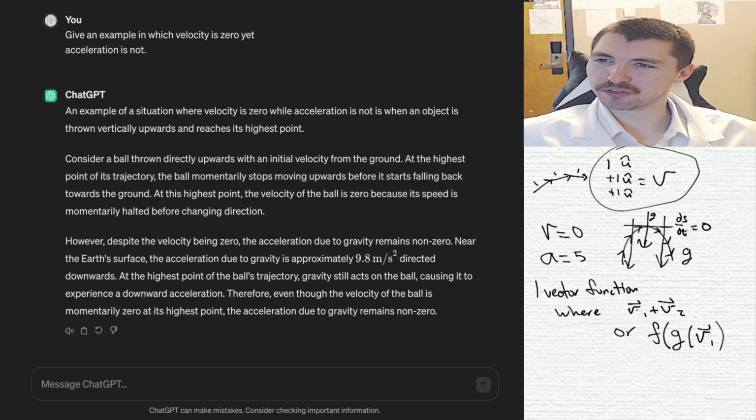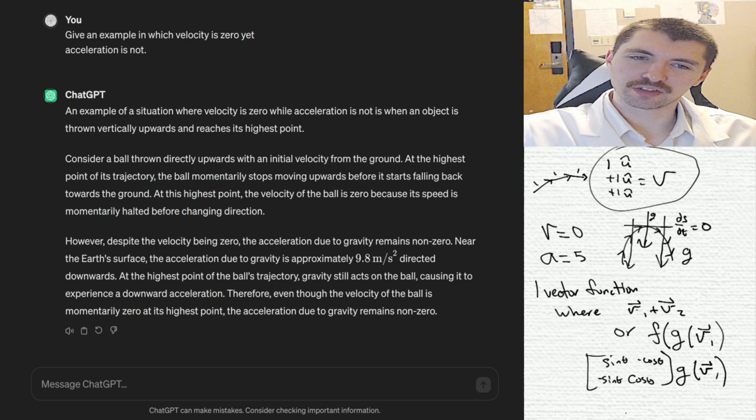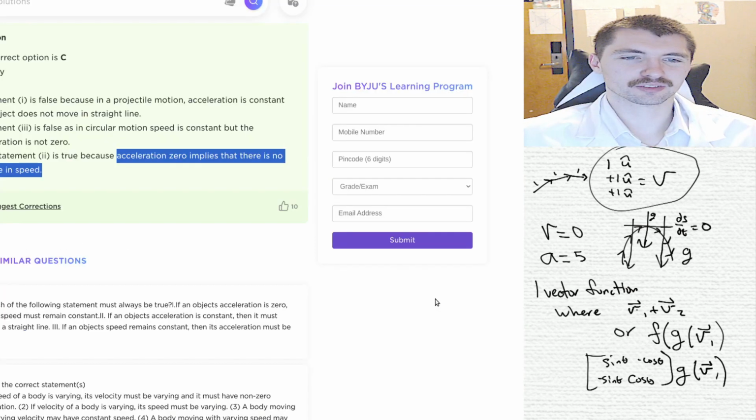And functions can be matrices, be a transform. You could have something like that times this. I don't know if that would work.